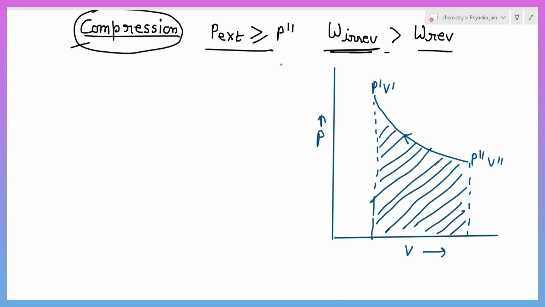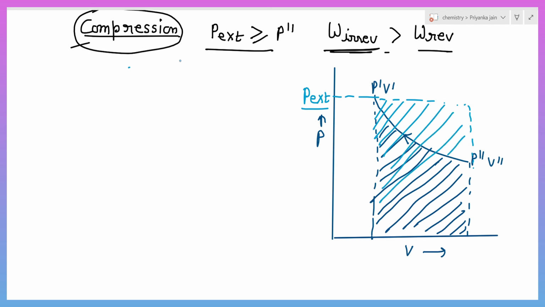But when we see the irreversible compression, this will be the P external. We have told you that the P external is more than the P double dash, so it will come here. The work that we are getting is this much. This is the work for the irreversible compression.